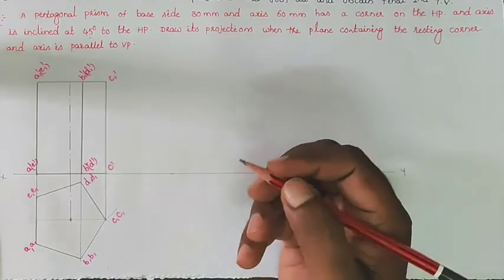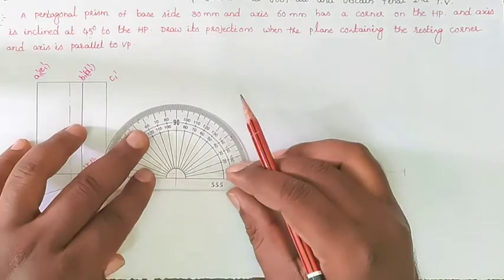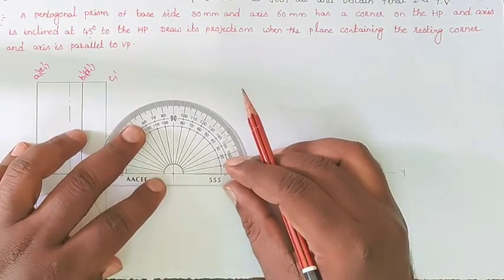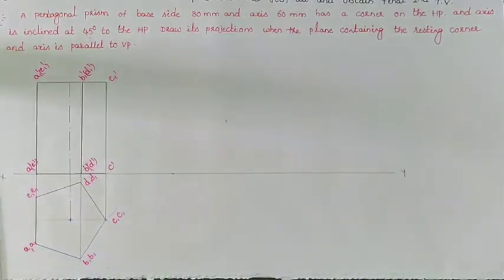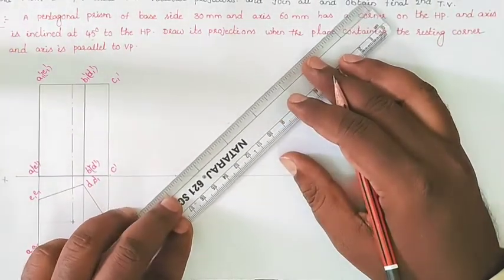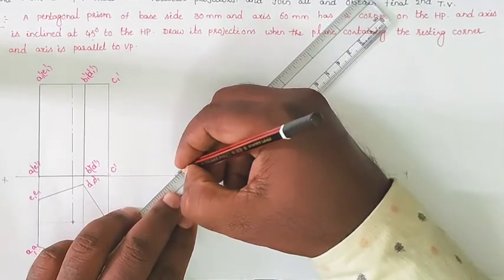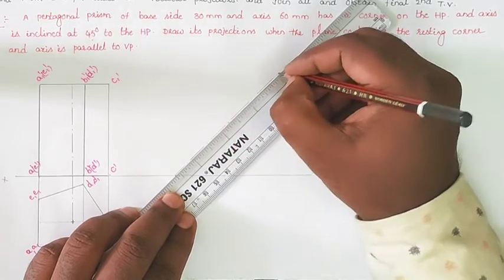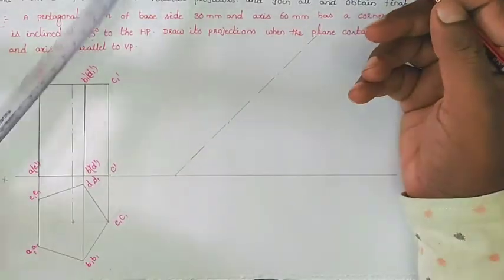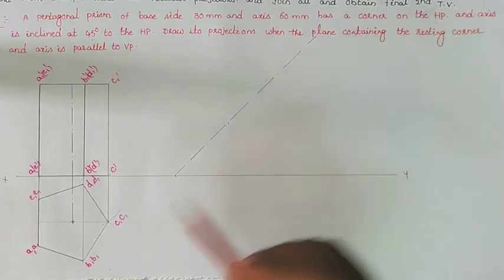Take some distance, locate a point on the reference line and draw the axis inclined 45 degrees to the HP. So take a 45 degree angle and draw the axis line like that. How can we tilt it? The corner is on the HP. Which corner?